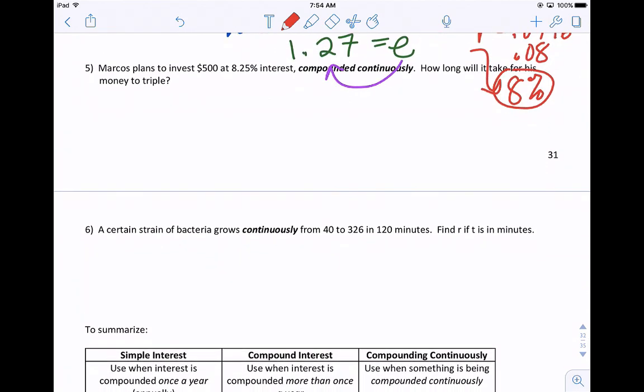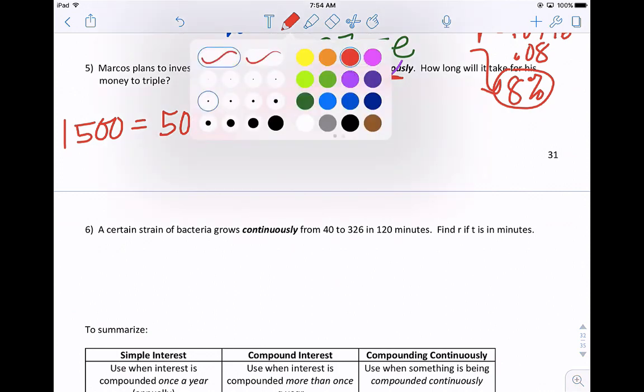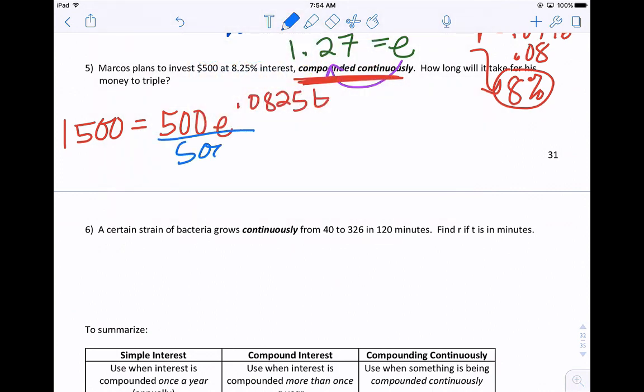Okay, Marcos plans to invest $500. And I know it's compounded continuously at a rate of 8.25% interest. How long will it take for his money to triple? All right, so that would be $1,500. And then the rate is 0.0825, and we get our t. Okay, first step, divide by 500.